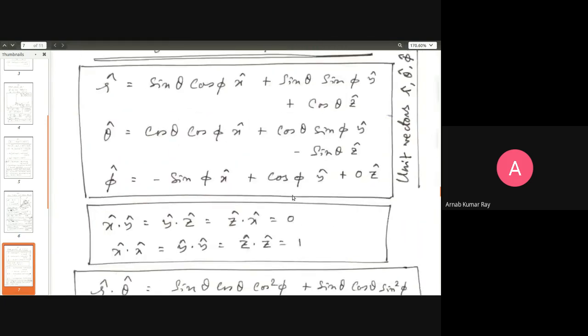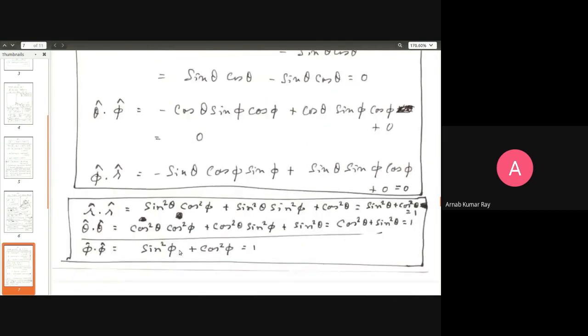And for phi, it's much more trivial than that. This is just like the phi in the cylindrical coordinate system. You'll have sine squared phi plus cos squared phi upon getting a dot product of its own self, and that's also equal to 1.